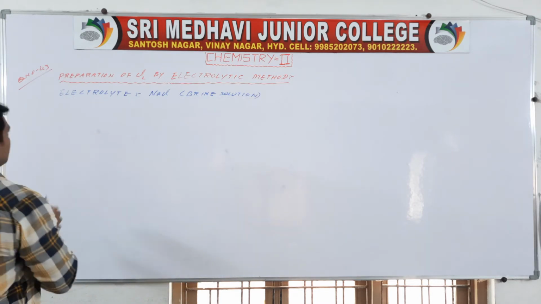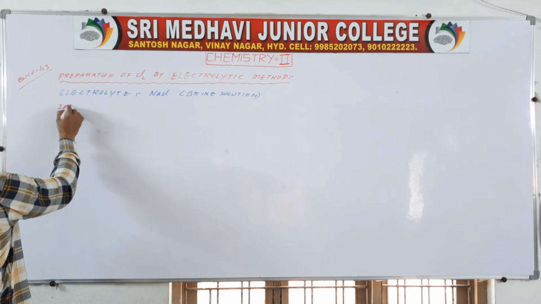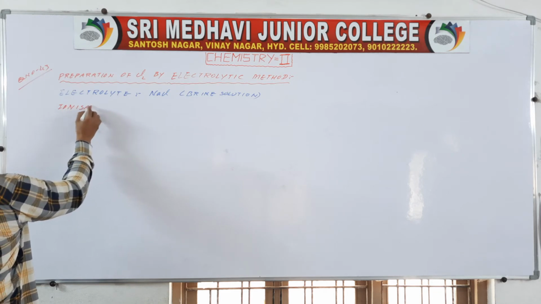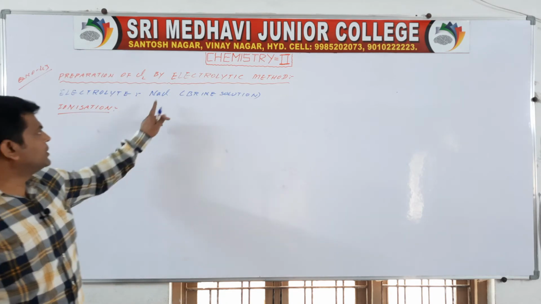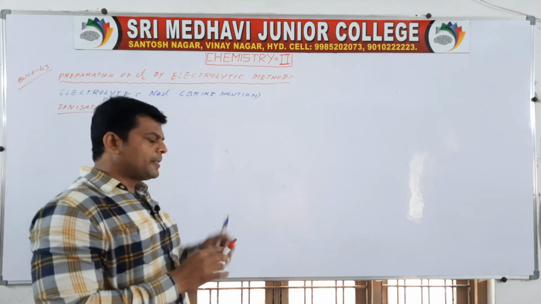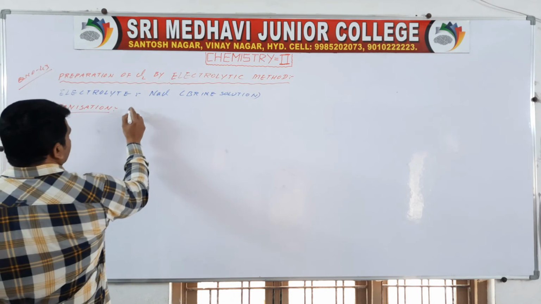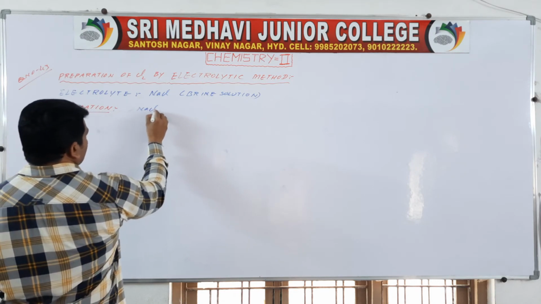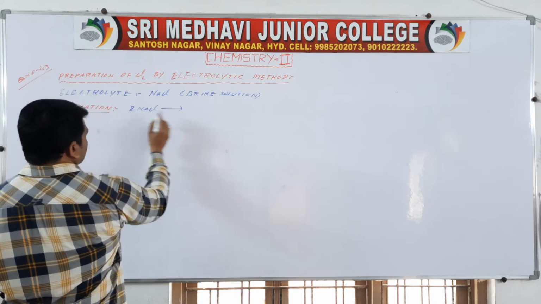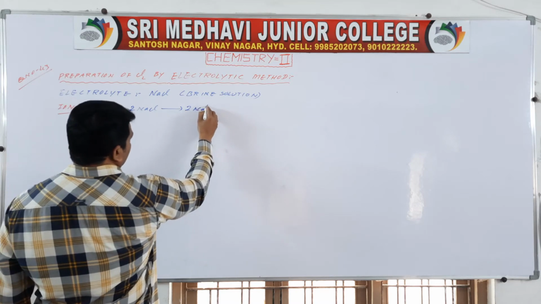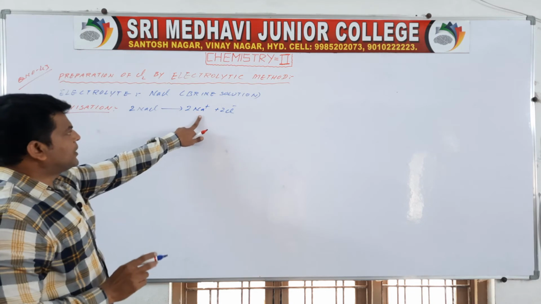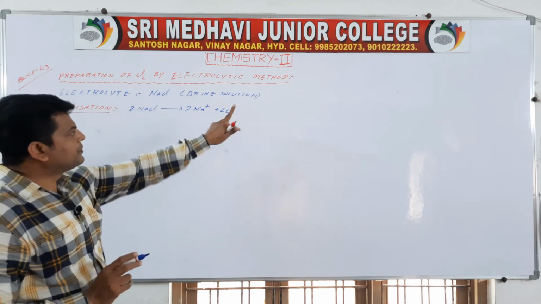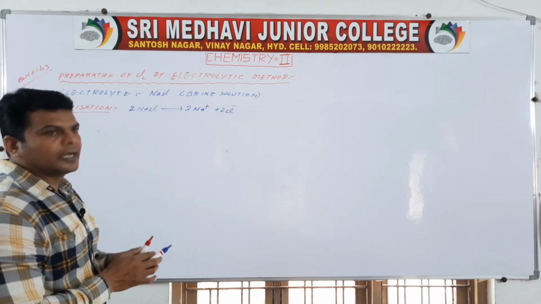Okay. Next, ionization. When electricity is passed through the NaCl solution, 2NaCl gives rise to 2Na plus and 2Cl minus. Positive ions are attracted towards the cathode, negative ions towards the anode.